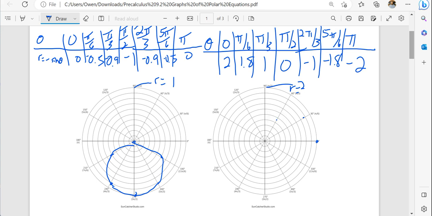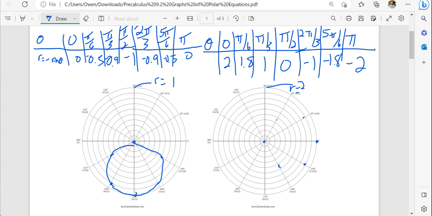Pi over 2, 0. 2 pi over 3, negative 1. 5 pi over 6, negative 1.8. Then pi, negative 2, which can be down here.